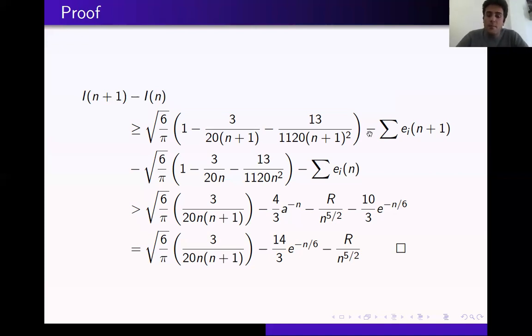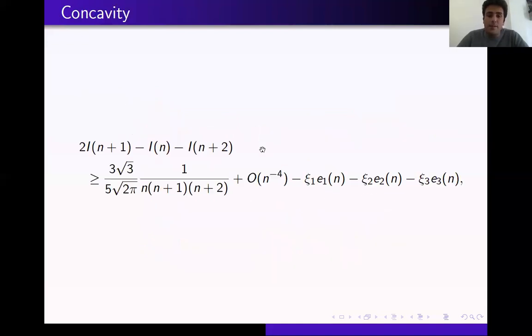So doing the same ideas as here with the same computations, one can also compute the concavity of the sequence. In other words, the concavity would say that I of n plus 1 is greater or equal than I of n plus I of n plus 2, divided by 2. So you consider twice this term minus the other 2 terms, and you aim to show that this is non-negative for some large enough n.